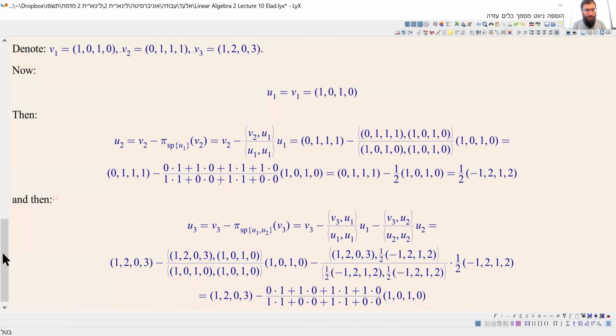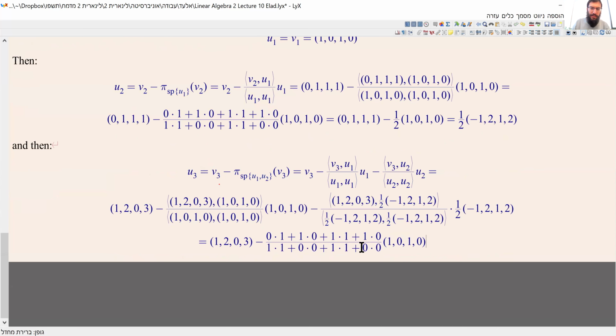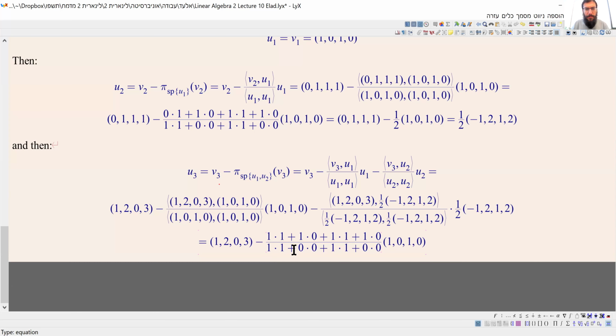I don't need you to show how you multiply 0 with 1 and then add it to 0 multiplied by 1, etc. Now it is 1 multiplied by 1 plus 2 multiplied by 0 plus 0 multiplied by 1 plus 3 multiplied by 0. And the denominator is the same.